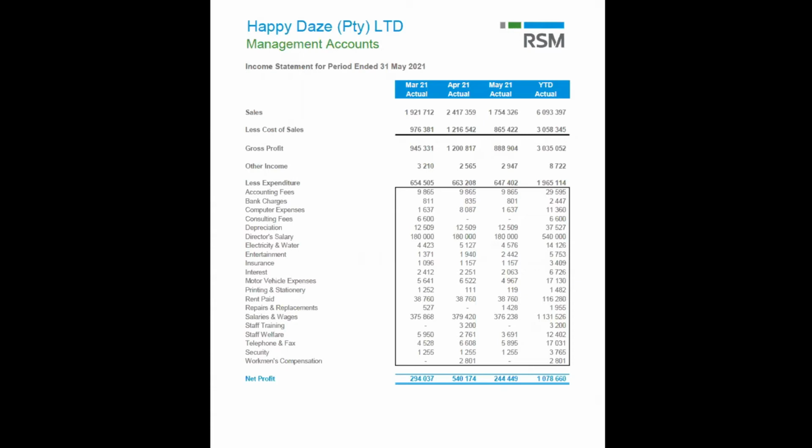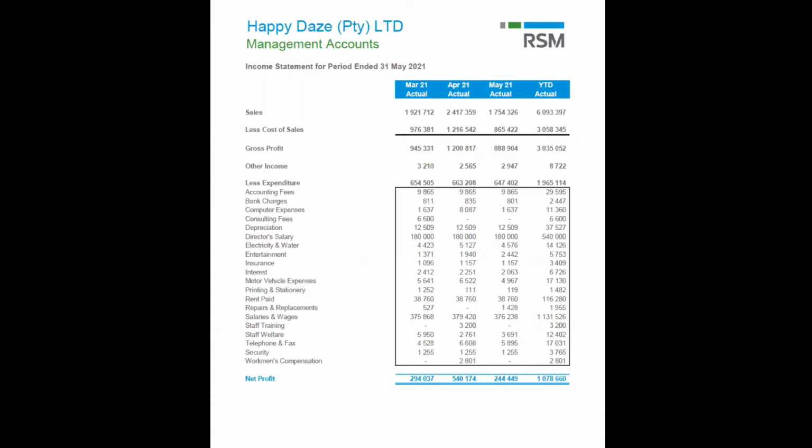In terms of layout and presentation, at the top we have sales, followed by less cost of sales, which gives us gross profit. This is often reflected as a percentage of sales and helps to identify the variance between actual and budgeted markup. In your management accounts, if your actual GP percentage is significantly less than budgeted, then investigation is warranted.